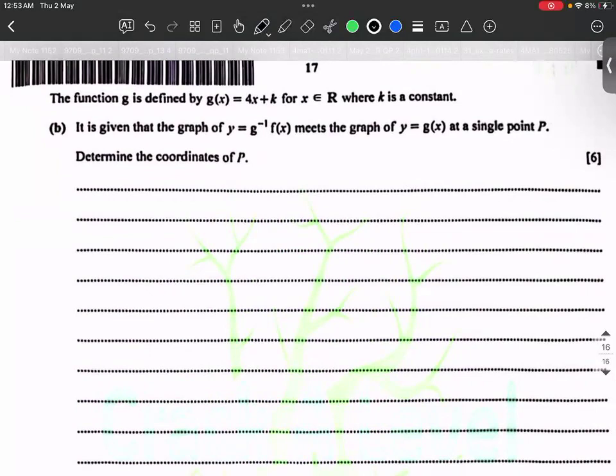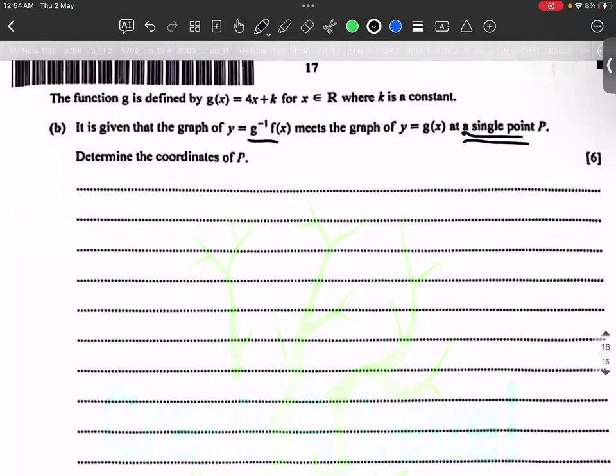It is given that the graph of y is equal to g inverse of f of x meets the graph y is equal to g of x at a single point. This is the first time in the 2020 series questions; this is a variety question, so please be very careful with this kind of question. The keyword is single point, at the point P.